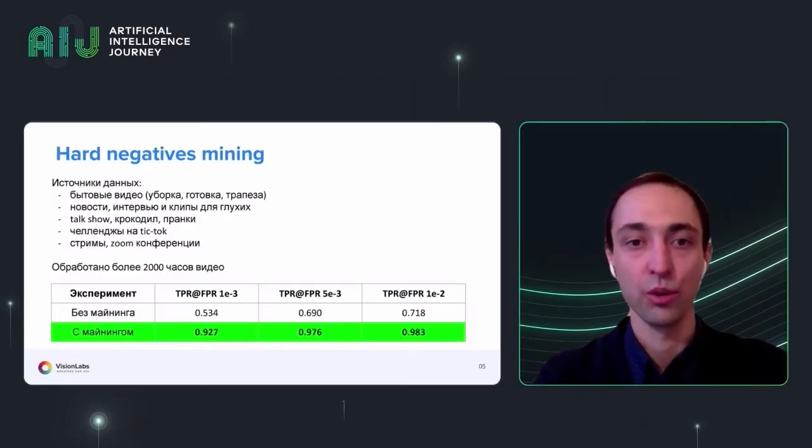Another interesting source of training data was interviews with sign language, because clearly lots of signs are being made by the sign language users. We also used talk shows, TikToks, and we mined streams and Zoom conferences.